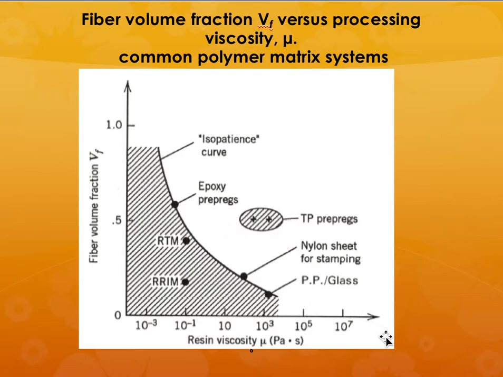But in this case, what you have to make sure is that the matrix resin doesn't flow out and make the fiber bundles completely resin lean. You want to make sure that the resin stays behind inside the fiber bundle.